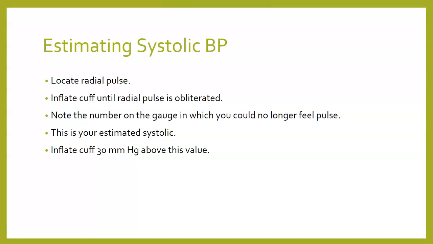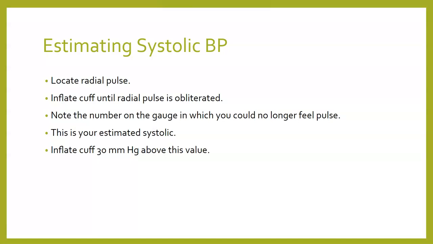Okay, so you're going to do everything like you would normally do to get set up to take a blood pressure. But you're not going to have to use a stethoscope for this one. You're just going off of the radial pulse, palpating or feeling it. You're going to inflate the cuff until the radial pulse is obliterated so you can't feel it anymore.